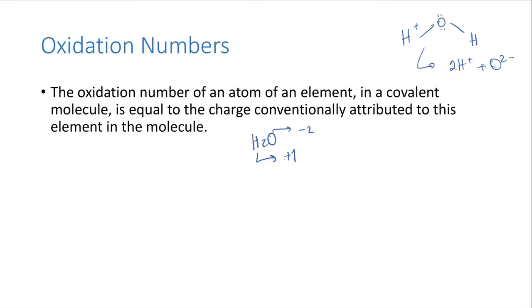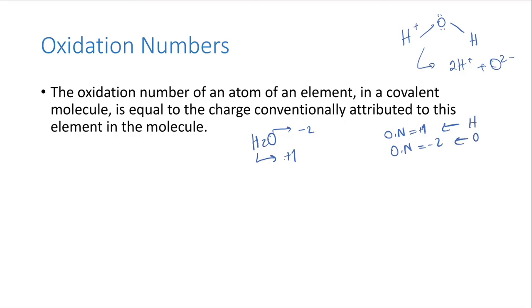And we can give it a rule. Whenever we have oxygen or hydrogen inside a compound, inside a molecule, the oxidation number of hydrogen is plus 1. This is a rule. And the oxidation number of oxygen is equal to minus 2. This is for hydrogen, this is for oxygen.